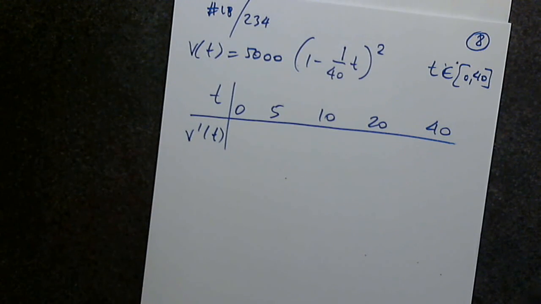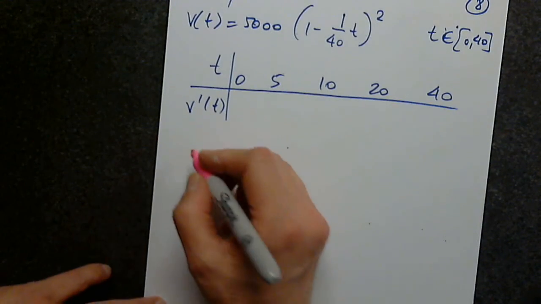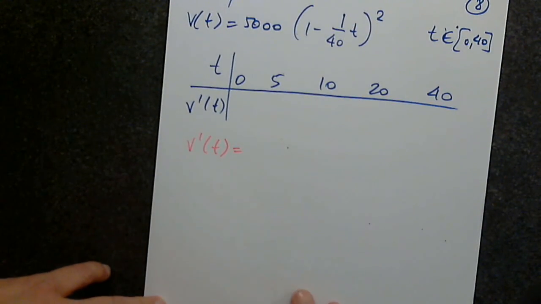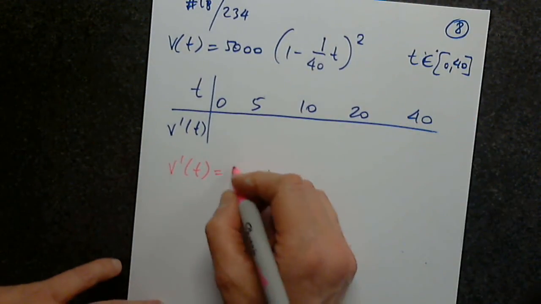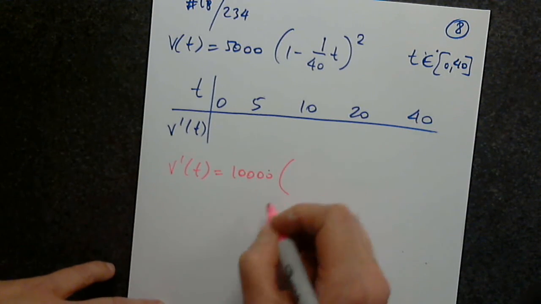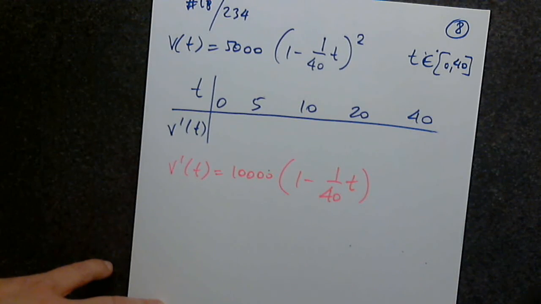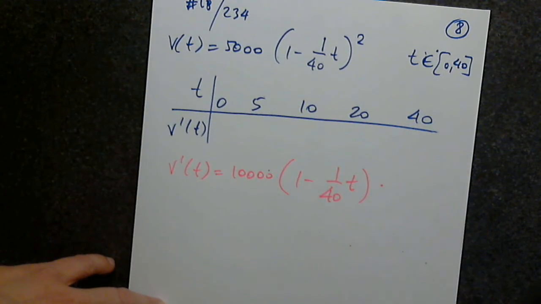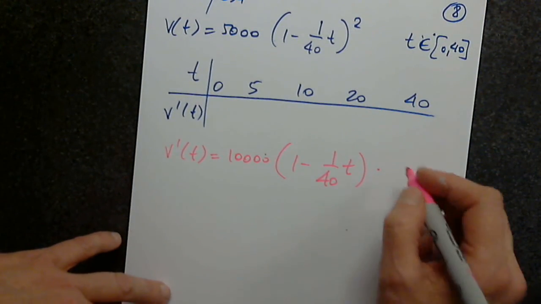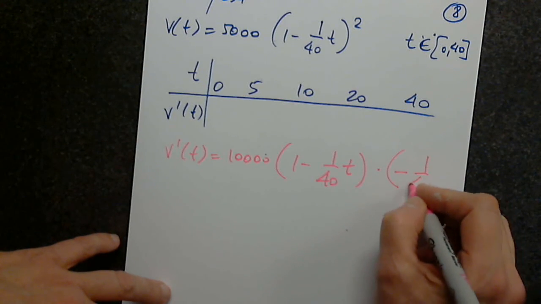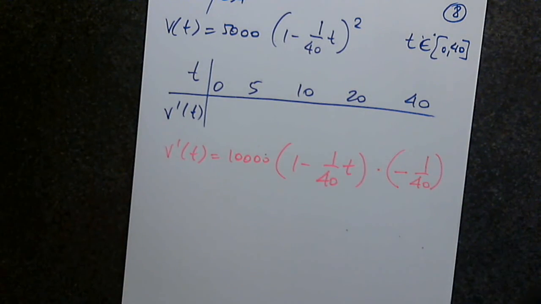Okay, so let's find V prime of t. We bring down 2, so it's 10,000 times 1 minus 1 over 40t raised to 2 minus 1, times the inner function prime, which is -1 over 40.